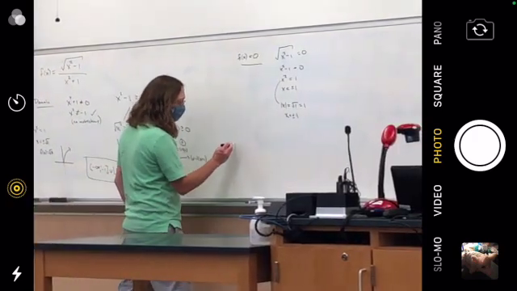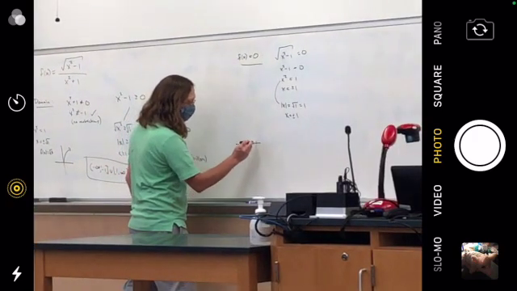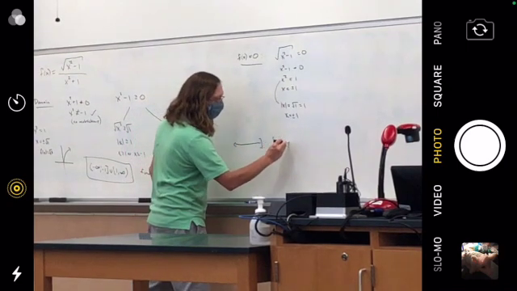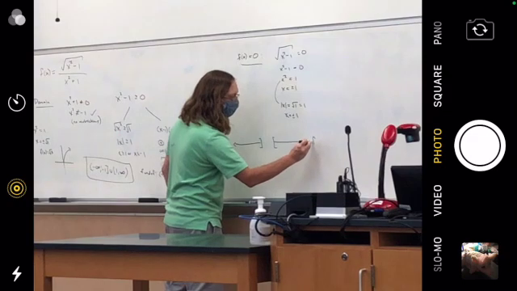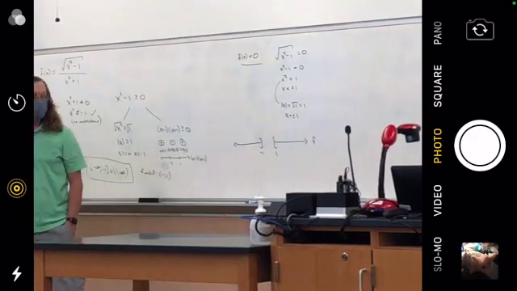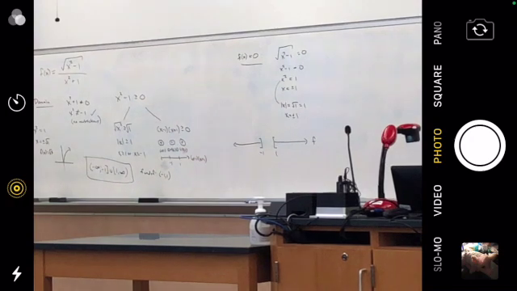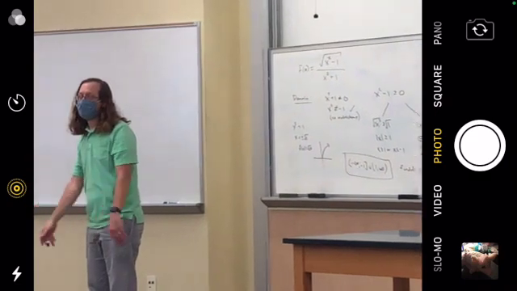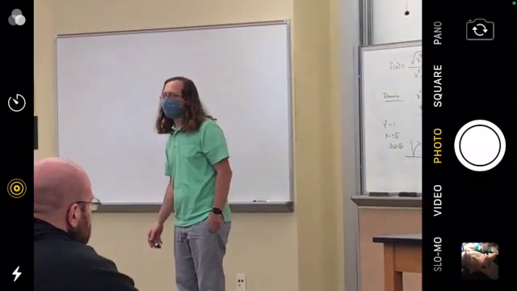So now I can draw a number line. When I draw a number line, it should be representative of my domain. If we're going to graph, we want to draw a graph over our domain.